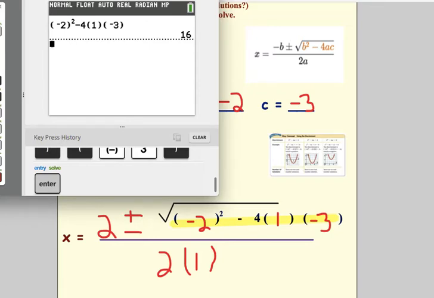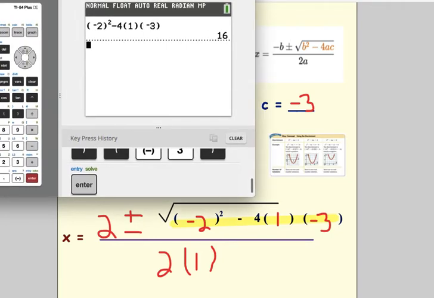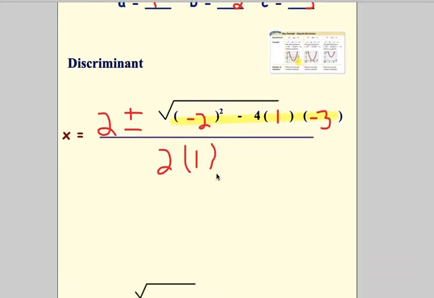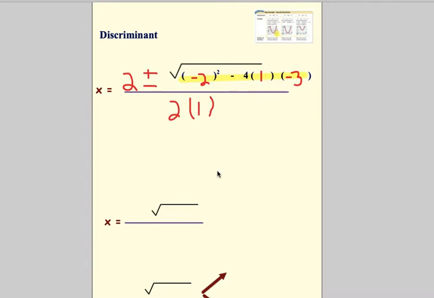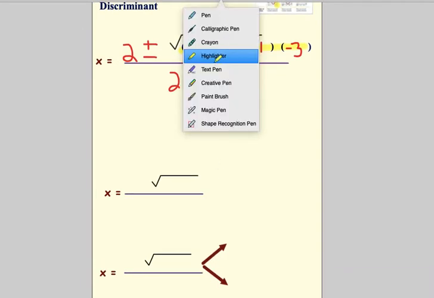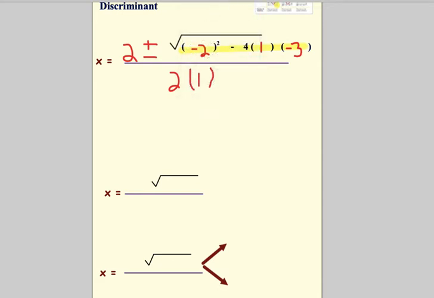So what does that tell me? That tells me that it's larger than 0, so I should have 2 answers. It's going to cross the x-axis in 2 different spots here. So when I start simplifying this a little bit, I'm going to take 2 plus or minus the square root of 16, divided by 2.